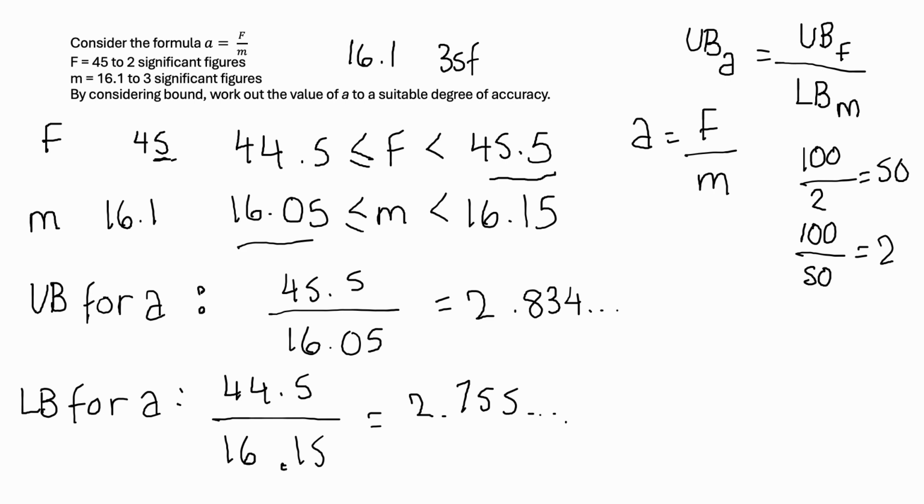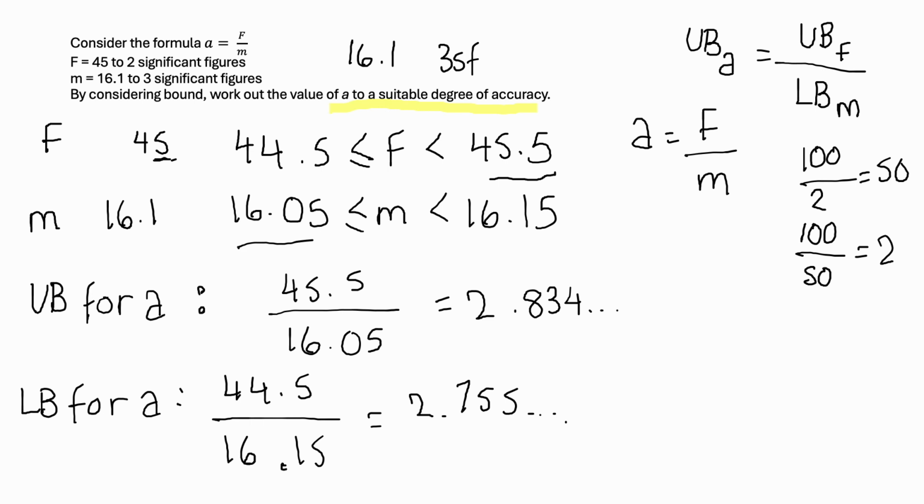Okay, so we've done the big bulk of the question. So now we need to do the last bit of the question, which is to find a suitable degree of accuracy. So what that essentially means is we look at the upper bound for A and the lower bound for A, and we try to round each of them to 1 significant figure, 2 significant figures, 3 significant figures, so on and so forth, to see where the upper bound and the lower bound match.